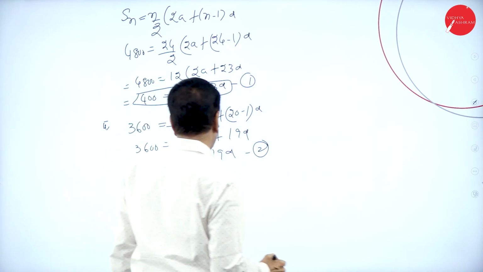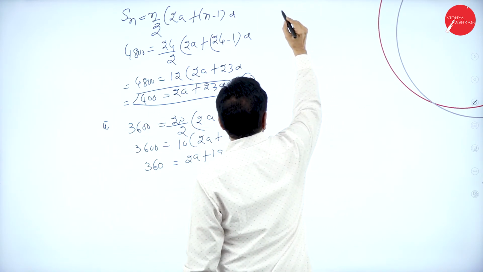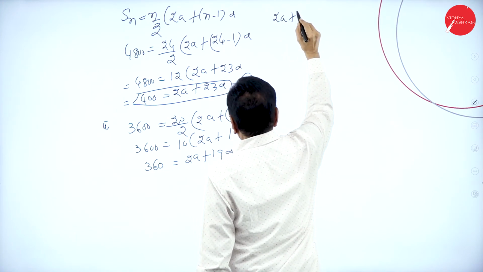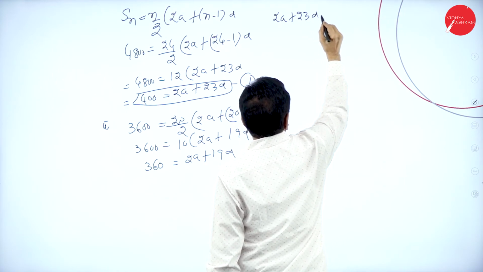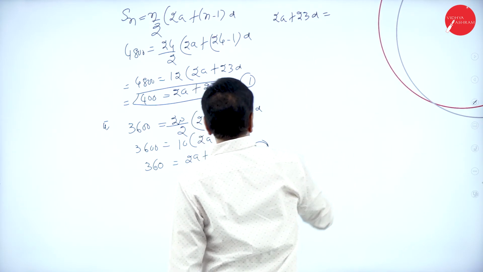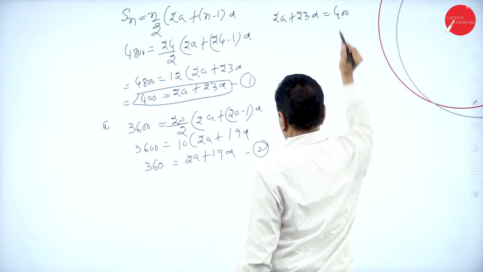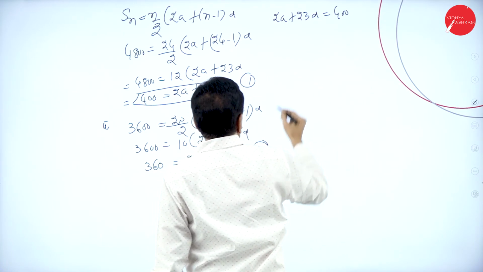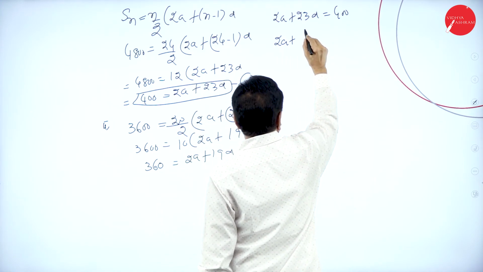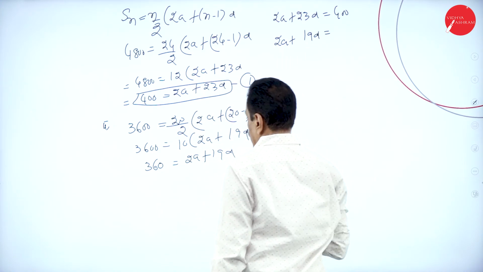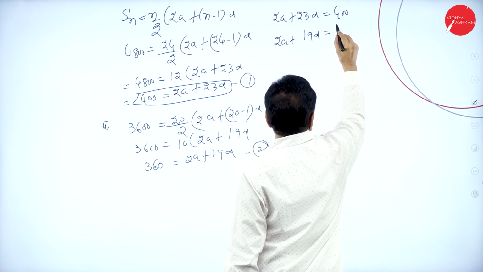The two equations are: 2a plus 23d is equal to 400, and 2a plus 19d is equal to 360.